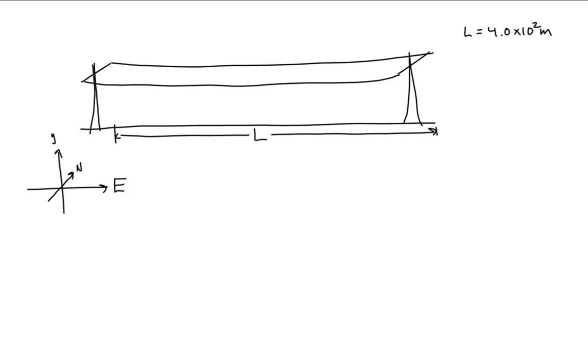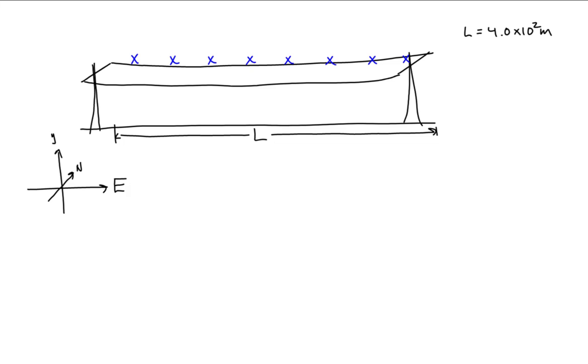With that direction established, we know that the magnetic field is going northward. Since the magnetic field is going northward, I am going to illustrate that with a series of x's, where each x represents a magnetic field line pointing straight away from us, in the direction of north.